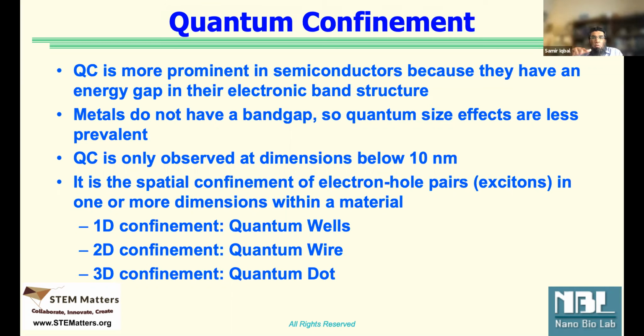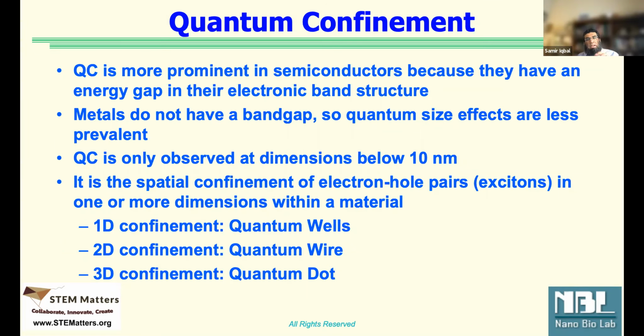So we call it 2D confinement. And then there's a 2D material, sorry, which would be like graphene, where you can go anywhere in two dimensions. So it's 1D confined.